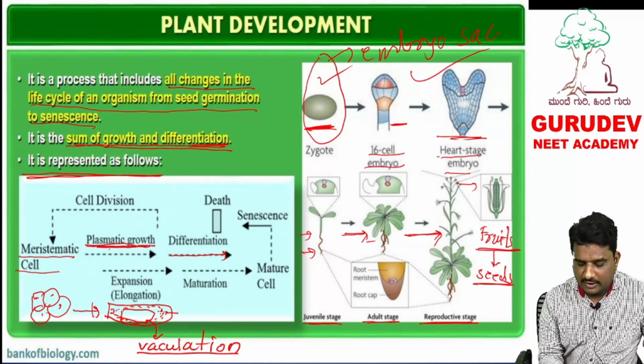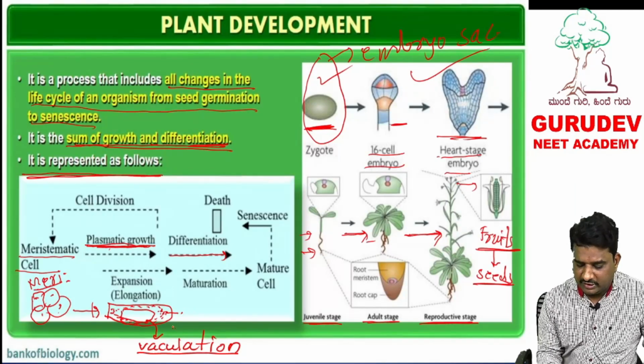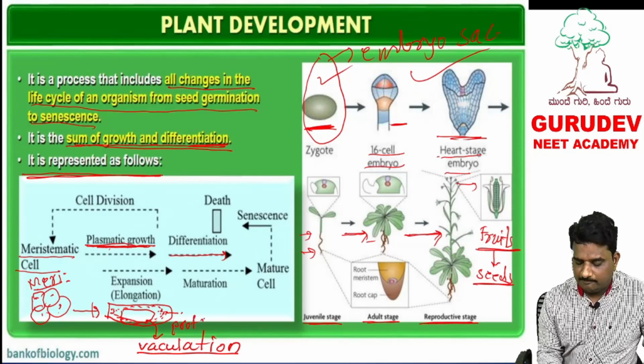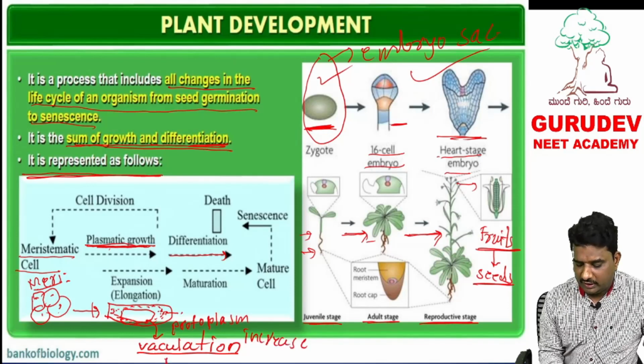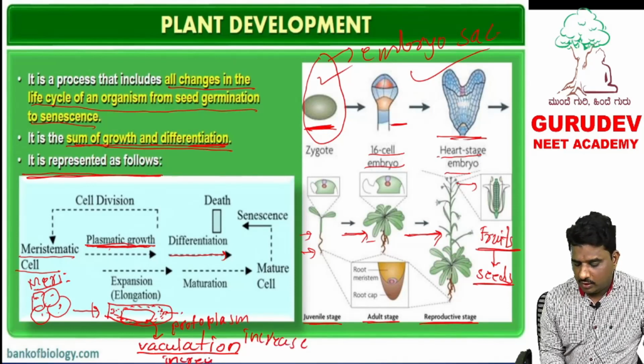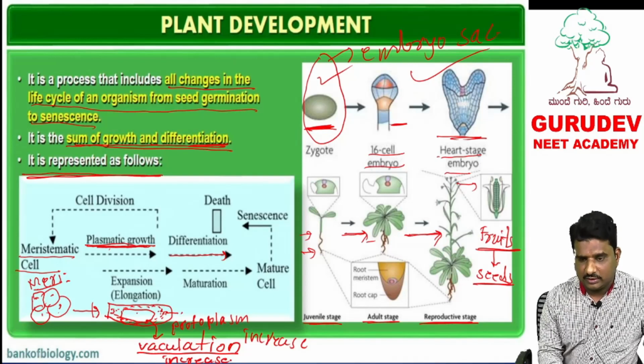Plasmatic growth means, in meristematic cells, the protoplasm content increases and the vacuole increases. This is called plasmatic growth.